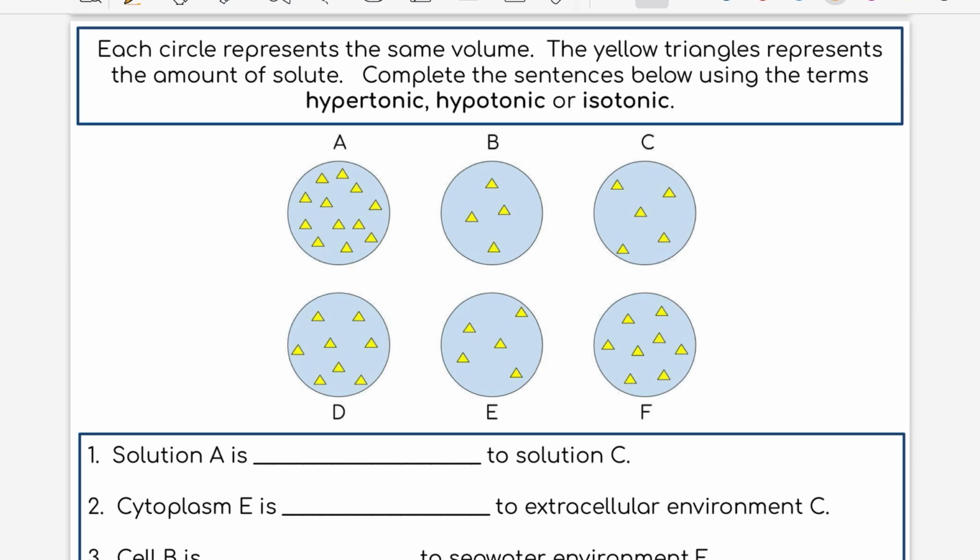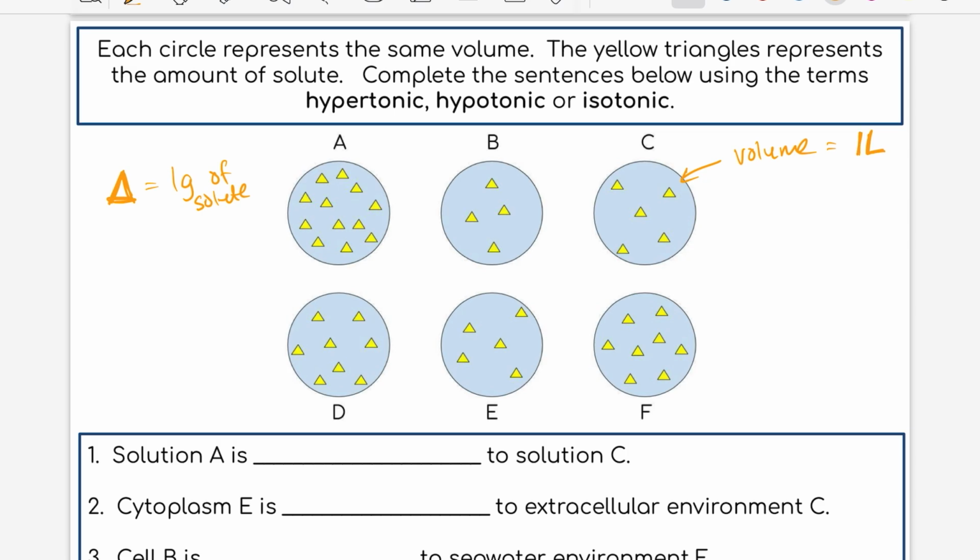But first, let's make sure that we have a look here and learn a little bit about hyper, hypo, and isotonic. So if you imagine that each of these triangles represents 1 gram of solute, and let's imagine that the volume is equal to 1 liter.